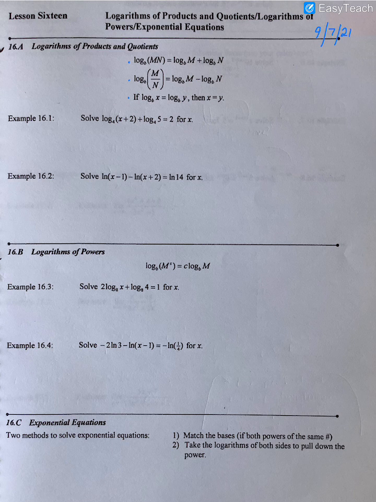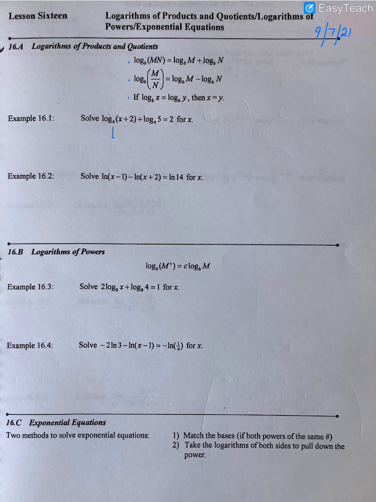We have log base 4 of x plus 2 plus log base 4 of 5 equals 2. As you think about the properties we just talked about, you'll notice there's two logs being added on the left with the same base. Two logs being added with the same base can be rewritten as one log where the insides are multiplied.